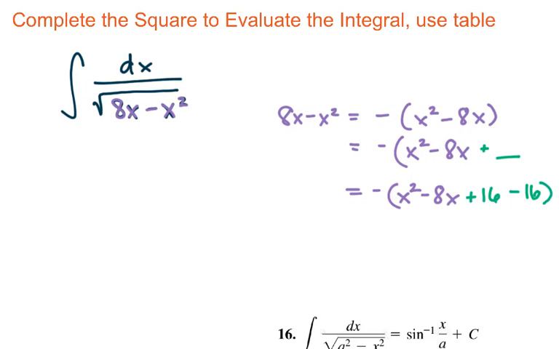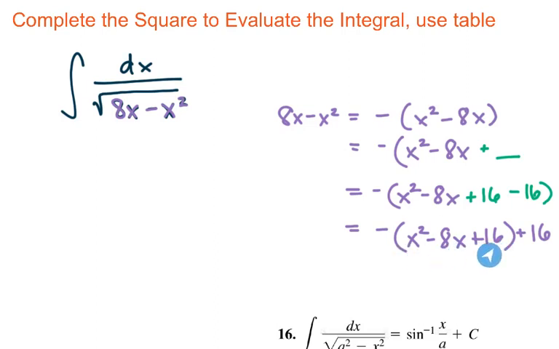If I consider just distributing this negative to this 16, that's going to give me negative, the quantity x squared minus 8x plus 16, plus 16.